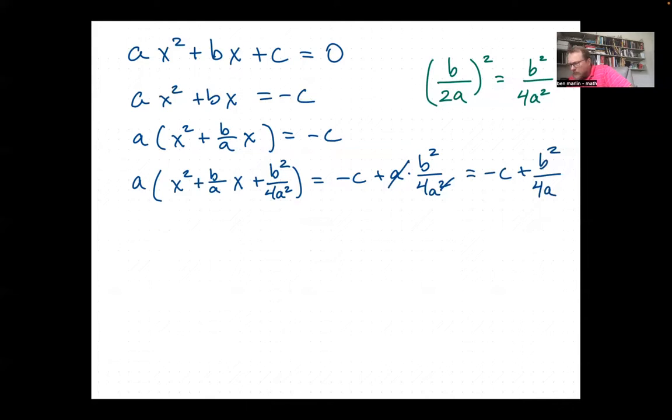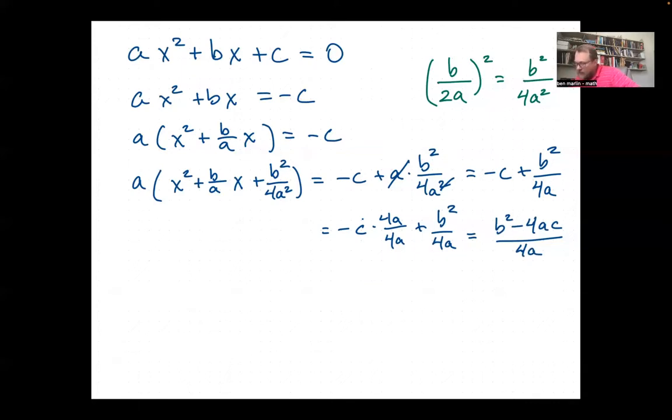Now, to tidy that up a little bit more, I'm going to take my minus c and multiply it by 4a on the top and bottom. All I'm doing is least common denominators. It just doesn't look like least common denominators because it's got all these letters. But that means I will have b squared minus 4 times a times c over 4a here. Okay, so that was just tidying up.